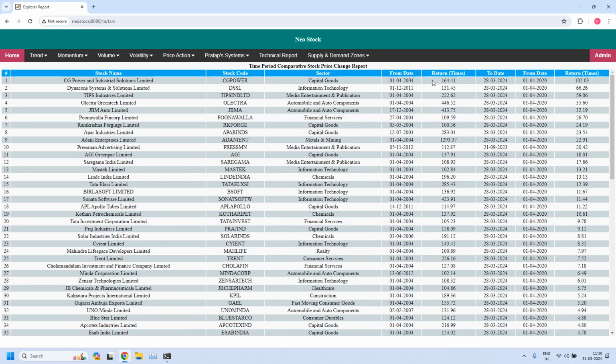Here 2 columns are there. This one is how much return it has given in the last 20 years, and this one is how much return it has given in the last 4 years. That means from 1st April 2020 onwards how much return they have given. This is from 1st April 2004 onwards how much return they have given.